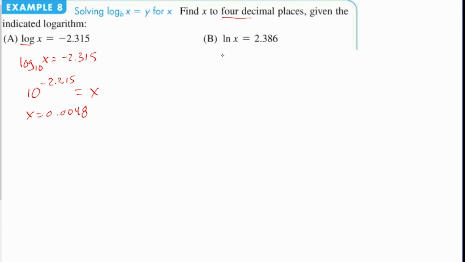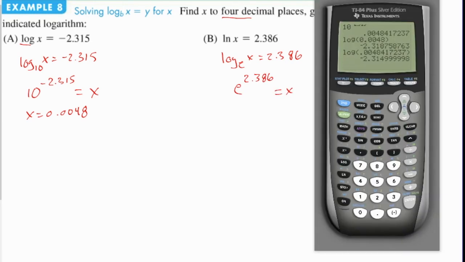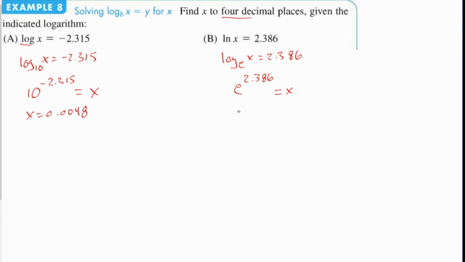So part B is using ln. ln is understood to be log base e of x equals 2.386. And the exponential equivalent is e raised to 2.386 gives us an answer of 10.8699.